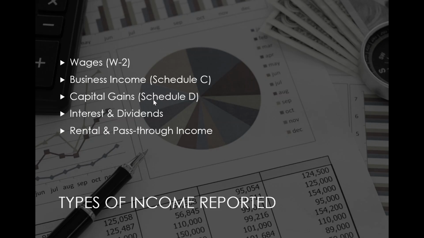If a person has capital gains income, he has to file Schedule D, and the capital gain will come in the income section. For interest and dividends, he has to fill a separate schedule. For rental income and pass-through income, he has to fill a separate schedule, and accordingly it will be reflected in his income report.